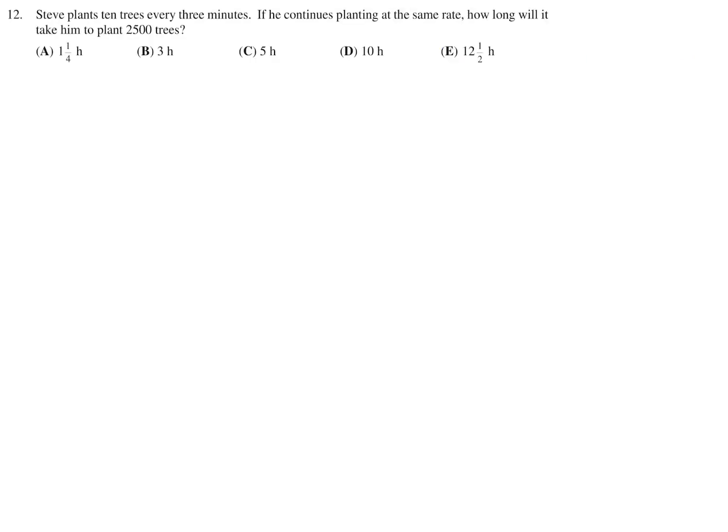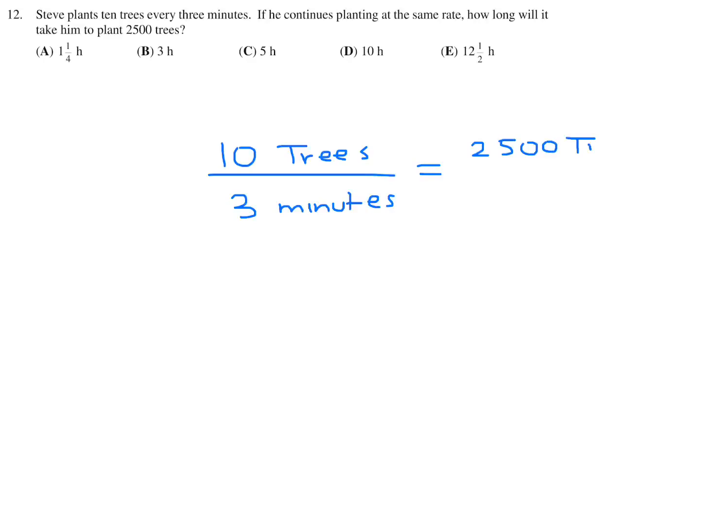Steve plants 10 trees every 3 minutes. If he continues planting at the same rate, how long will it take him to plant 2,500 trees? So we just make a simple comparison. We have 10 trees in 3 minutes. And we want to know for 2,500 trees, how many minutes?